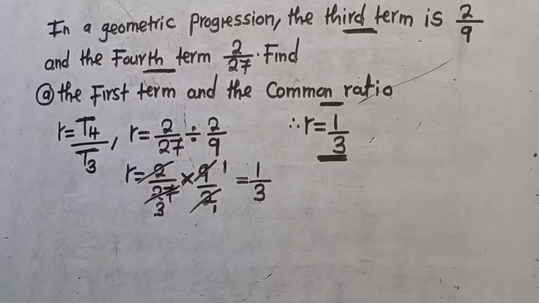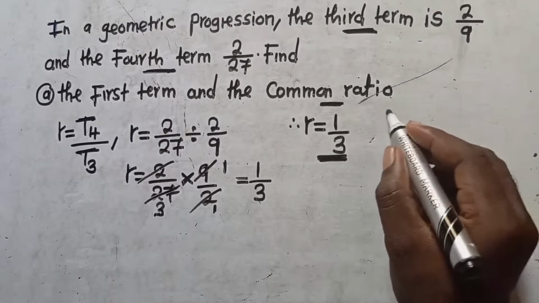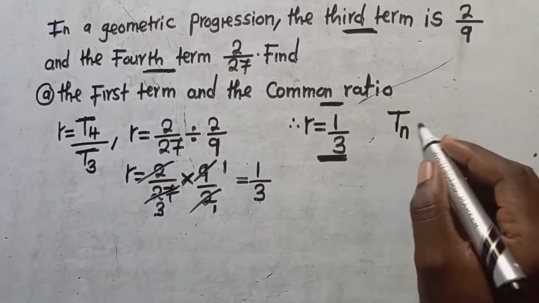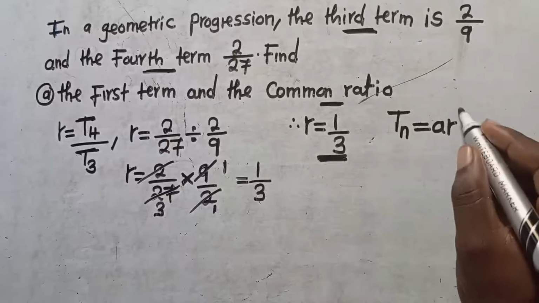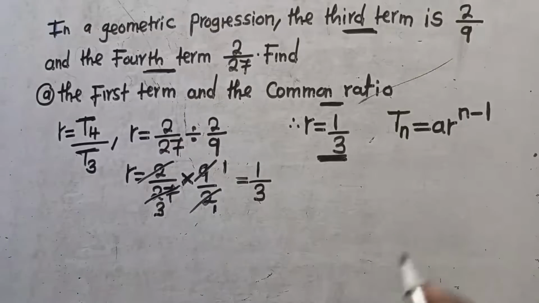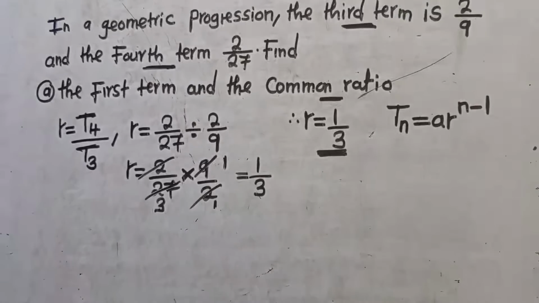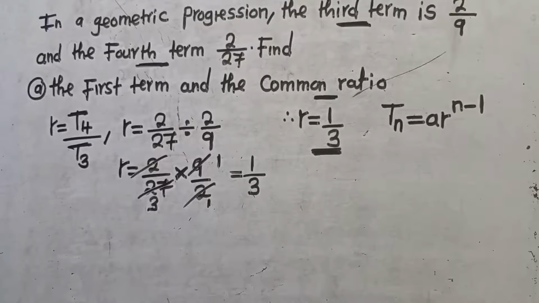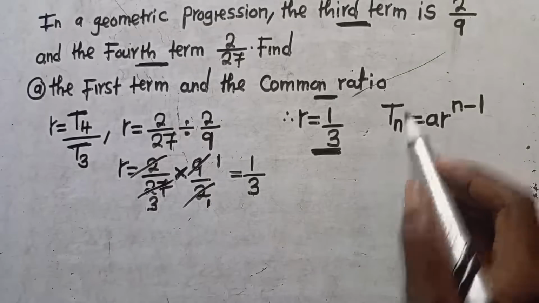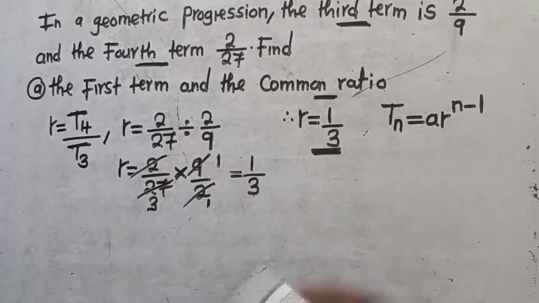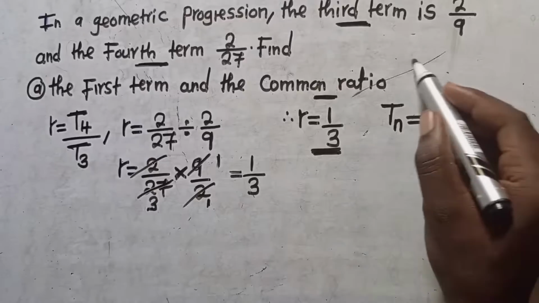This is what you need to do. We've got different ways in which we get to answer these particular questions. This is one way. We now go to the first term. How can we find the first term? We can use the formula of the terms: T_n is equal to a r to the n minus 1. This is the formula for the nth term. Since we are given the fourth term and the third term, I can go with the third term.